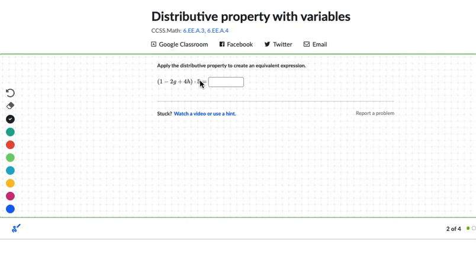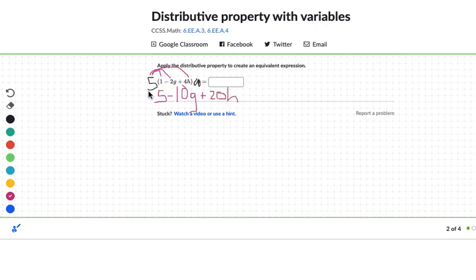All right, this one's a little bit backwards, so I'm just going to go ahead and change that around for you. That's going to be times 5, which is the same as 5 out front. So again, we're going to distribute. Going to give the 5 to the 1, and that's 5. We're going to give the 5 to the negative 2g, so that will be a negative 10g, and we'll give a 5 to the 4h, so that will be positive 20h.